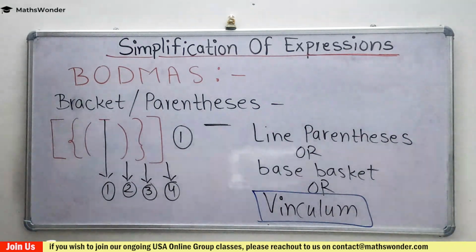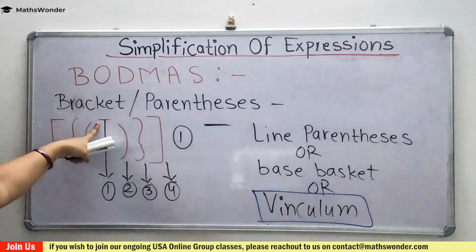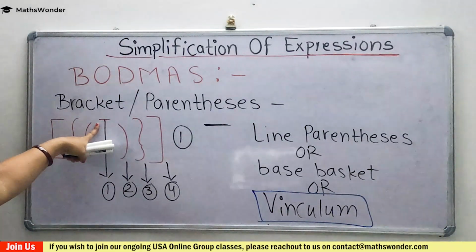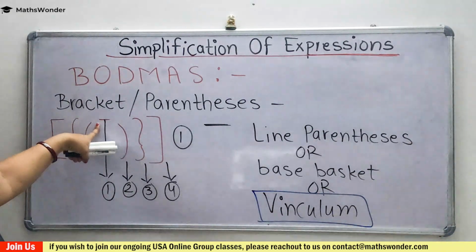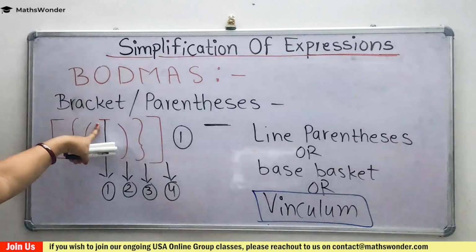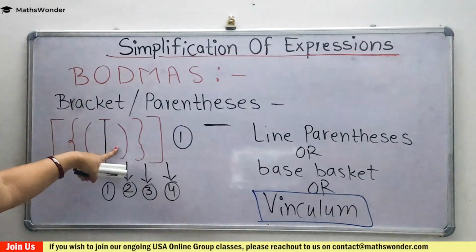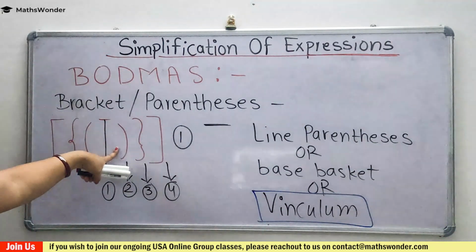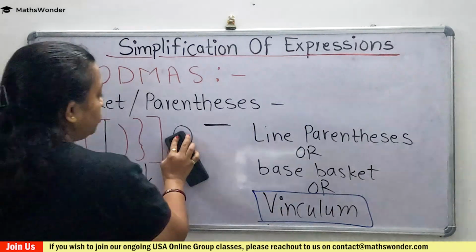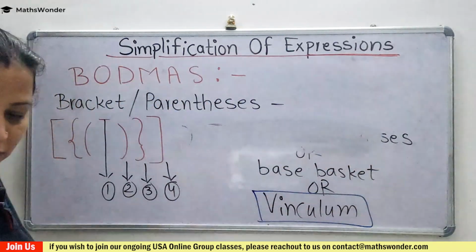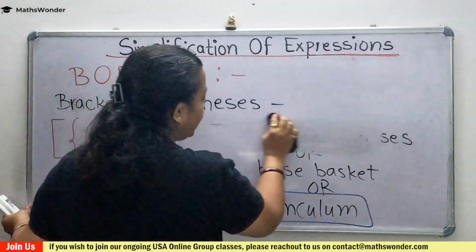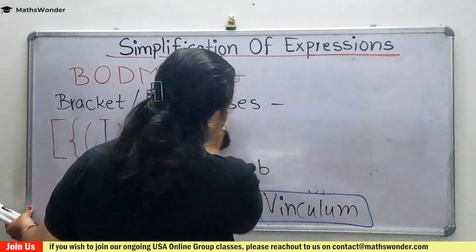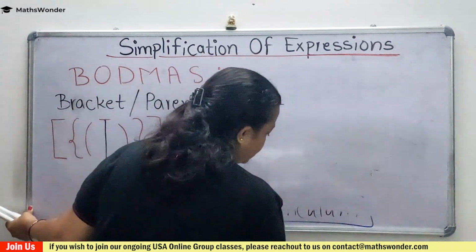So whenever you see the vinculum, first you will solve this part in the whole expression. If this is not there, then you will do this second one. Now I explain all four first, then you can do any question easily in a particular sequence.